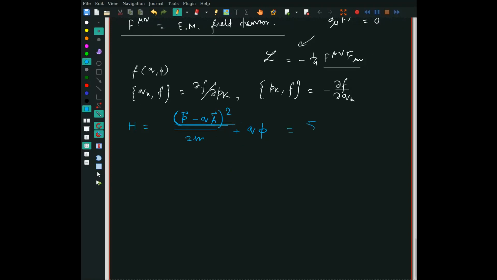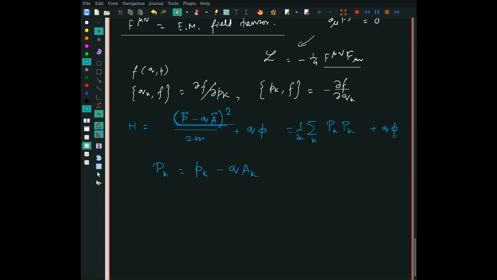So I can write this as summation over k of Pk square by twice m, of course, plus q phi. I can treat it as an ordinary thing moving with an electrostatic potential q phi, but with momentum replaced by this thing, where capital Pk would be given by small pk minus q times Ak, the kth component here.